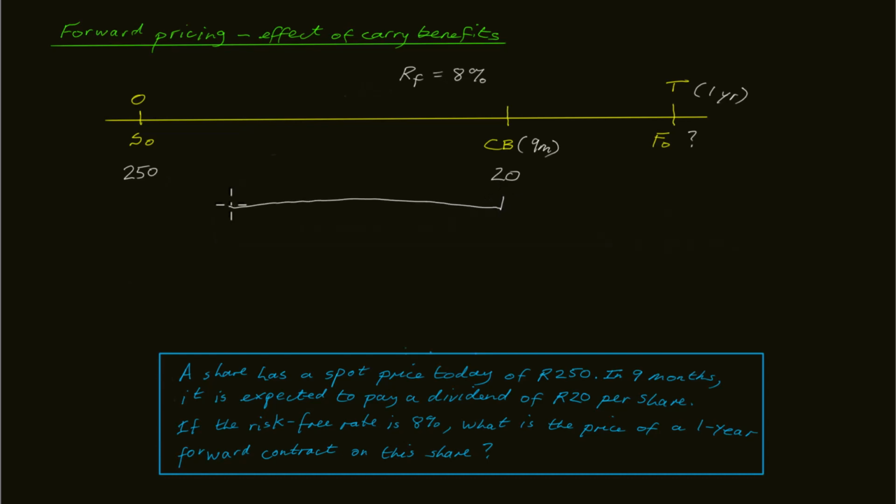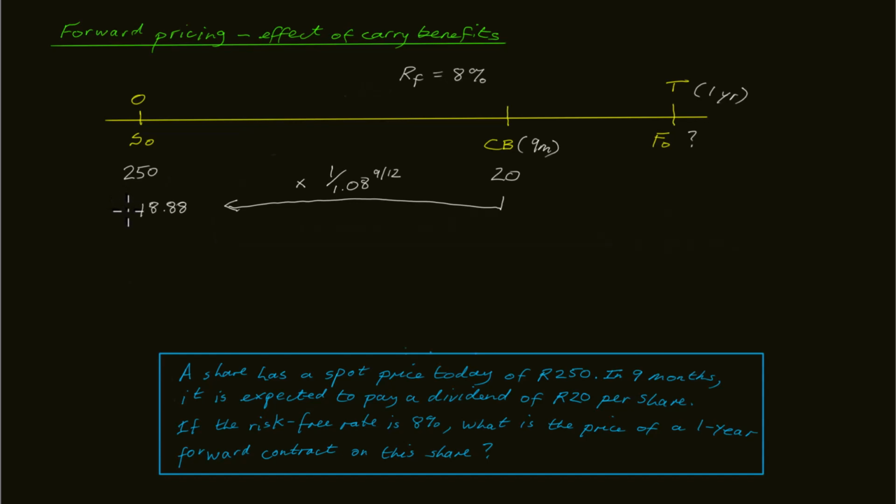So we take it back using the risk-free rate of 8% and the time period of 9 months as our exponent, and we calculate that the present value of that expected dividend today is 18 Rand and 88 cents.